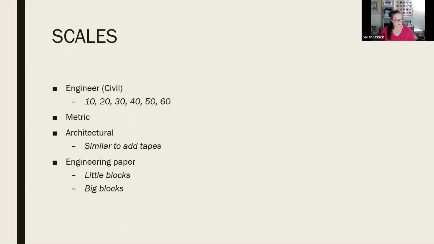Architect scales are interesting because they're more like the cut-and-add tapes. So you line up on the 0, you go to the nearest whole unit, then back it off to add in whatever your sub measurement is, okay?